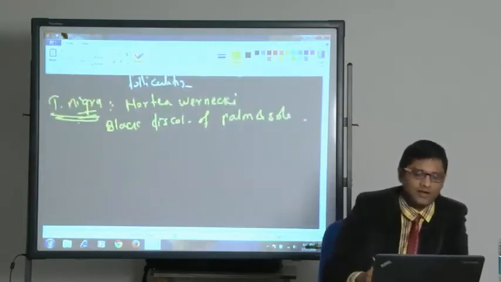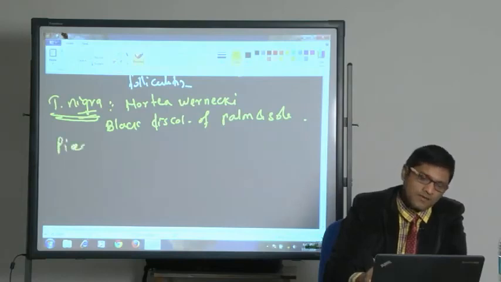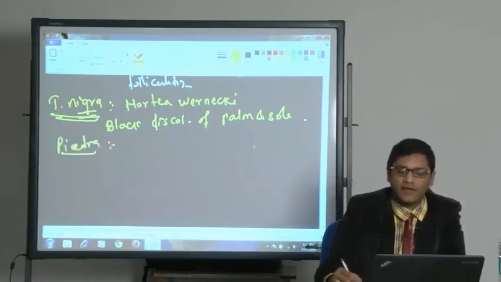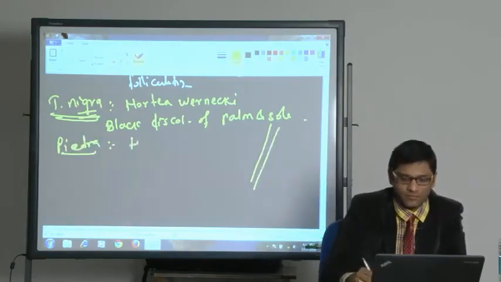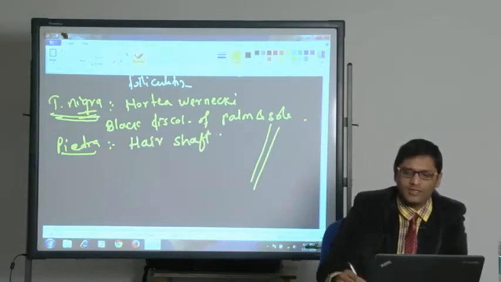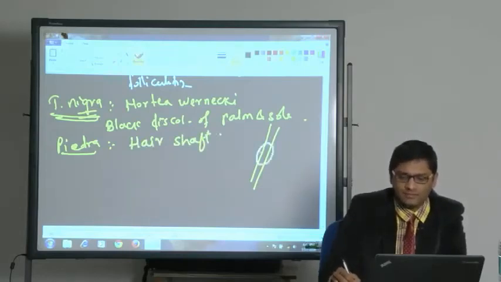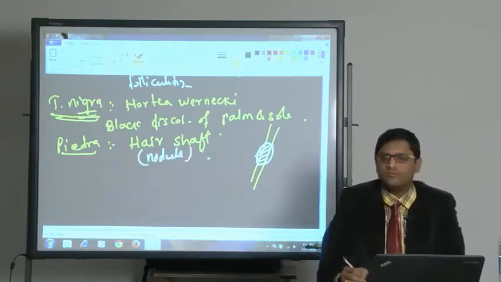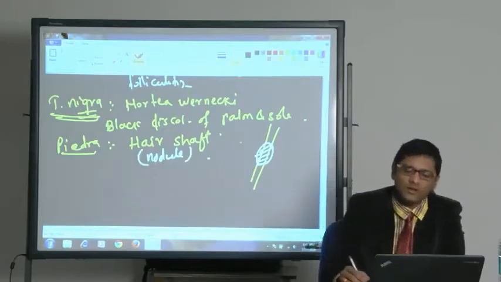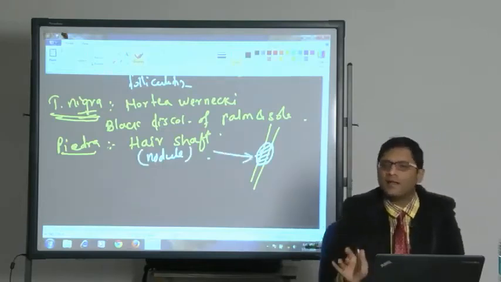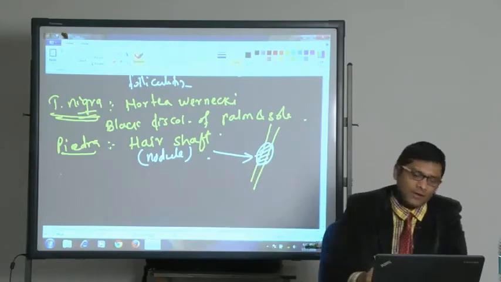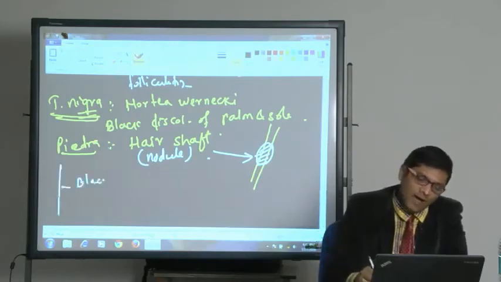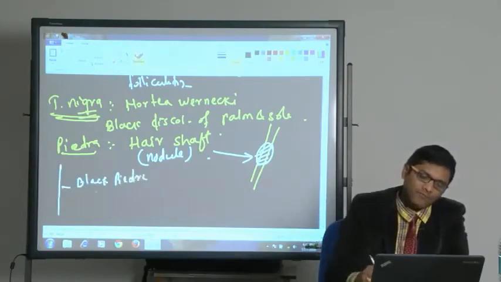In contrast, Piedra is the involvement of the hair shaft. There is formation of a nodule over the hair shaft. And the nodule could be black in color or white in color. Accordingly, Piedra is called black Piedra and white Piedra.